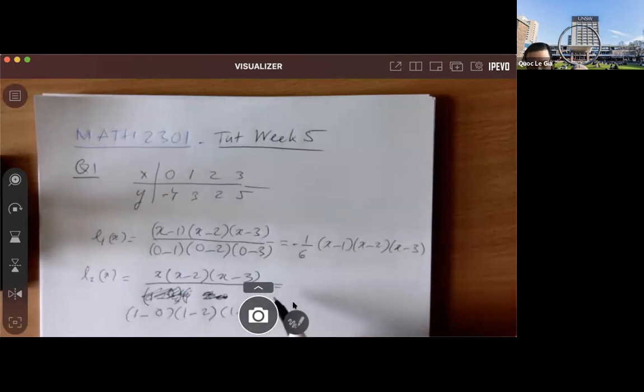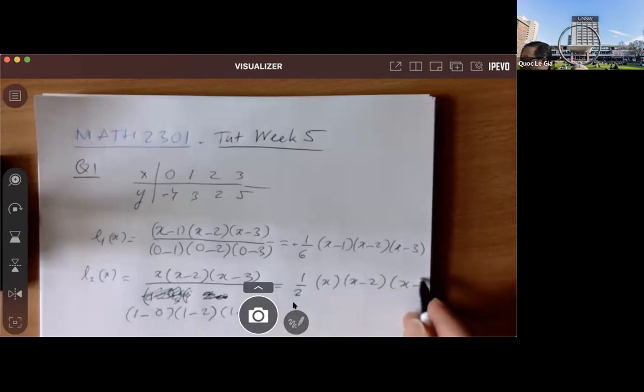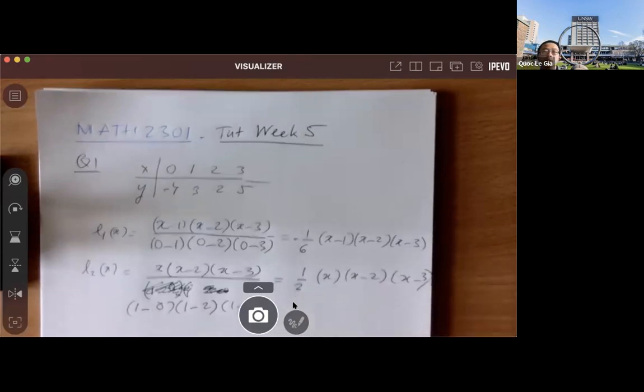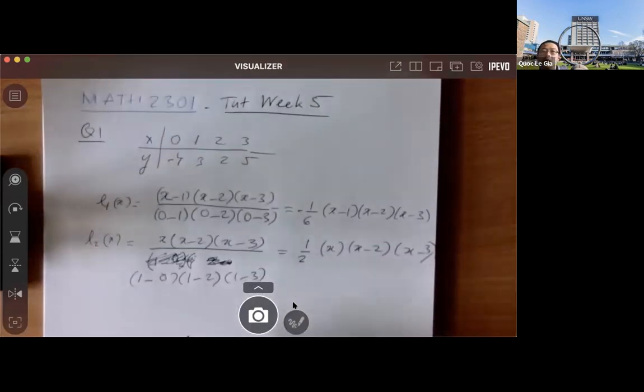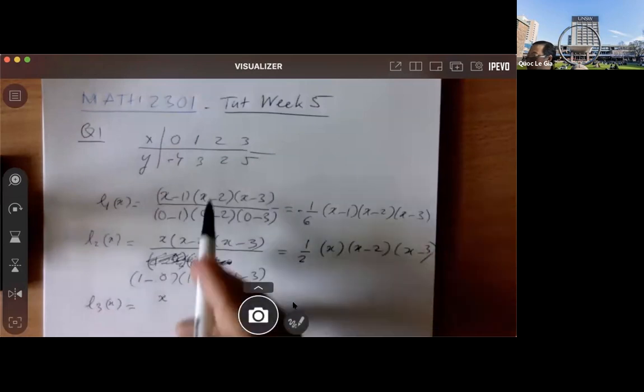So then this one gives you just 1/2, right? And then you got x minus 2, x minus 3. Okay. And so on. So then L3 is x minus everything except the third point.